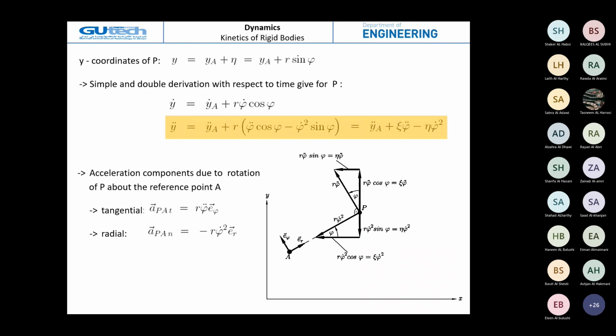Now we have the acceleration component due to rotation of P about the reference point A. We said the tangential one is r phi double dot along the phi direction, and we have the radial or normal one along the radial direction, a_r.